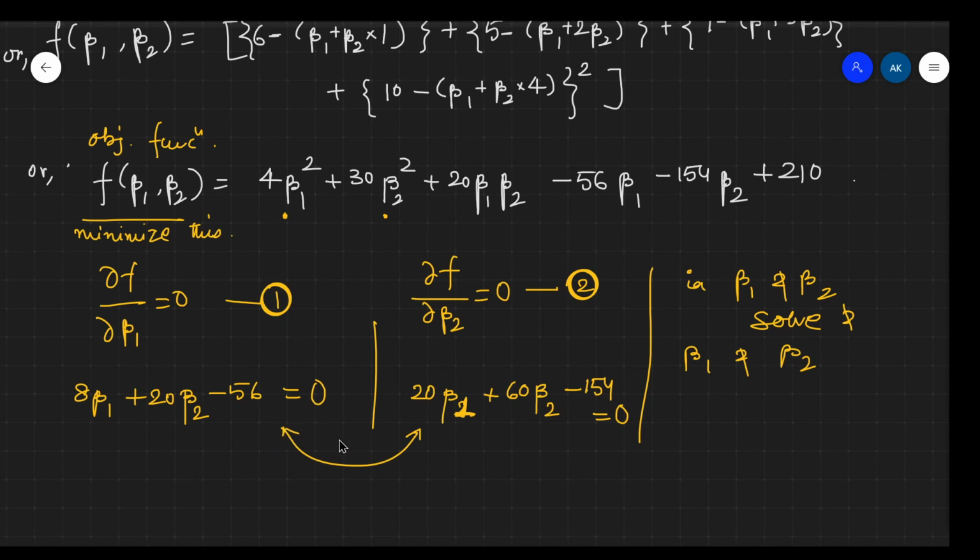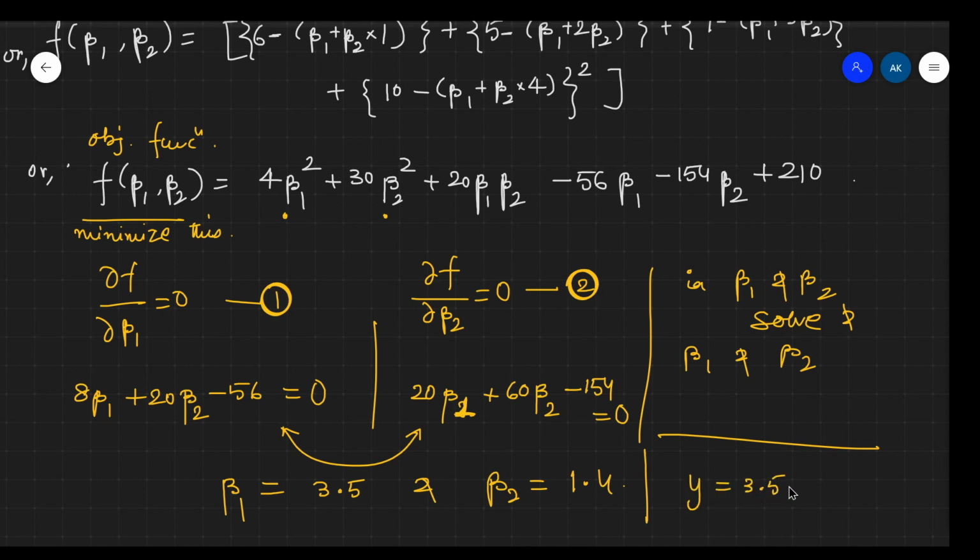Solve these two. You will get a solution as beta 1 to be 3.5 and beta 2 as 1.4. And put this in equation 1. Sorry, our equation 1 was y is equal to beta 1 plus beta 2 x.